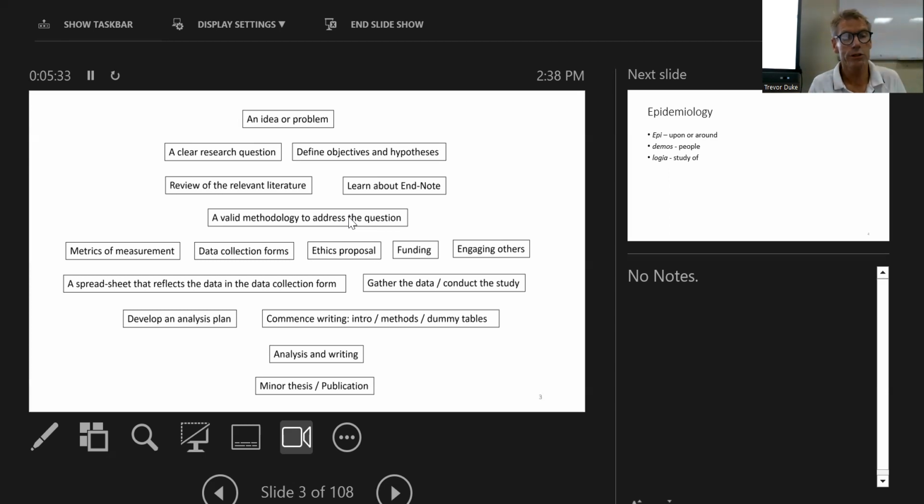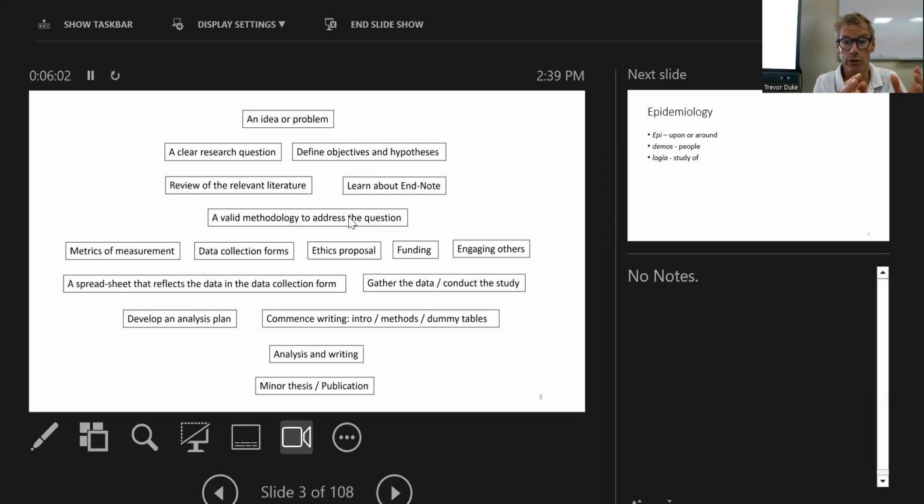Again, early on, you need to come up with a spreadsheet that reflects the data in the data collection form, right? So you've got an idea, you've got a problem or a question you want answered, you've got a data collection form that tries to answer that question with measurable metrics, and then you've got a spreadsheet that reflects that data collection form. I'll explain what that means, but usually we are using Excel spreadsheets, and it's quite easy to design.